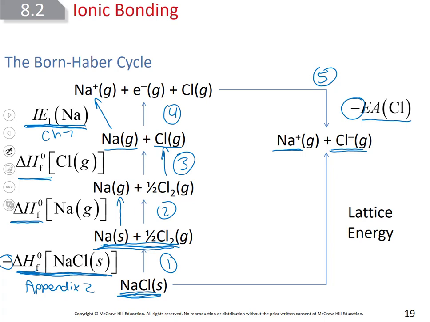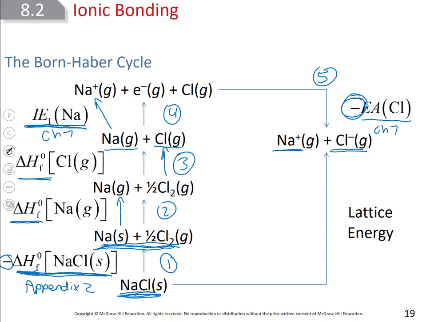If I go to chapter 7 and I look at the electron affinity values, with the exception of our noble gases, they're all positive. But electron affinity, by definition, is energy that is being what? Released or absorbed? Released, because that table of electron affinities is giving us the amount of energy. That's why it doesn't include the negatives. But we know this is energy being released, so we need to make that negative because that energy is being released. And again, we'll get this from a table in Chapter 7.